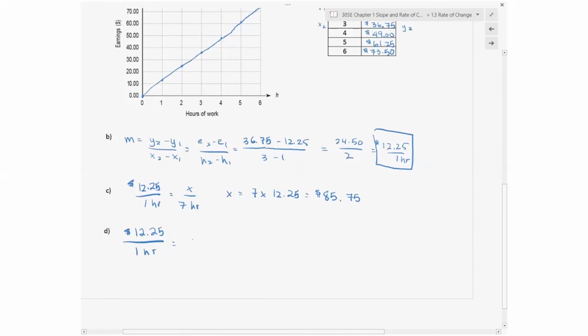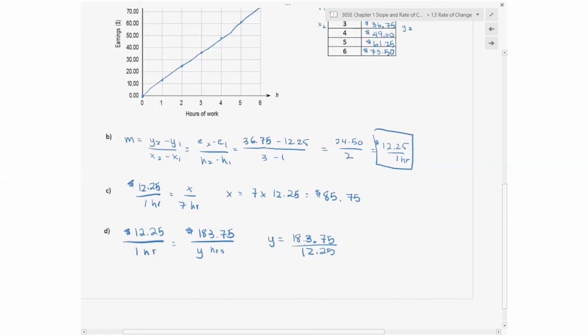The money's on the top, so the money stays on the top. $183.75 for how many hours? Well, y is going to be equal to 183.75, there we go, times 1, which is just 183.75, divided by 12.25.